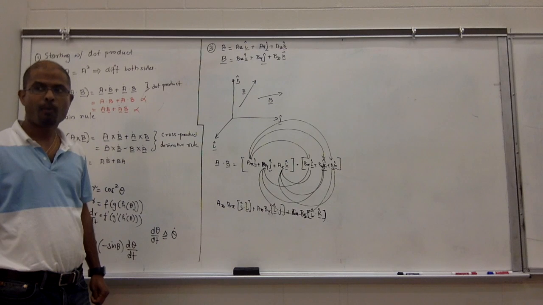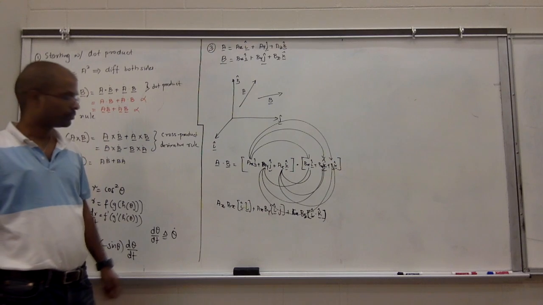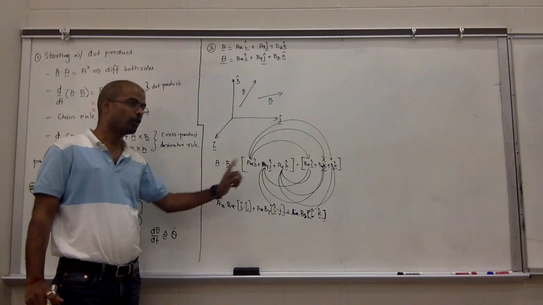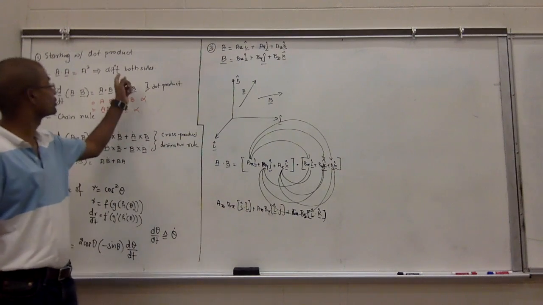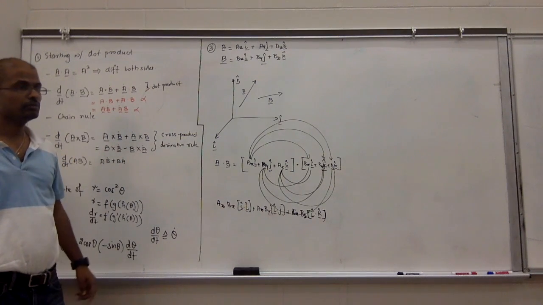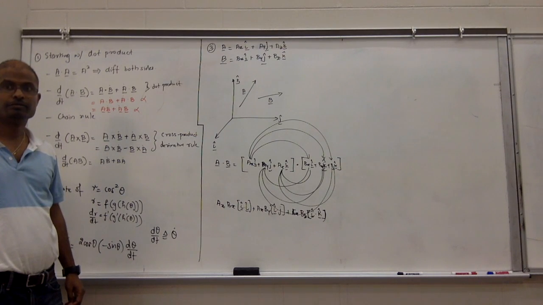Why is I dotted with I equal to 1? By definition it is the cosine of theta, and the angle is 0. It's really I square. Why is I square 1?